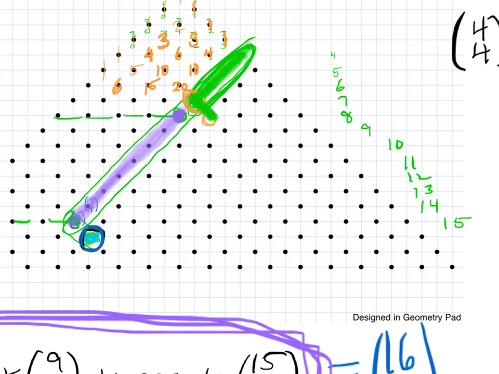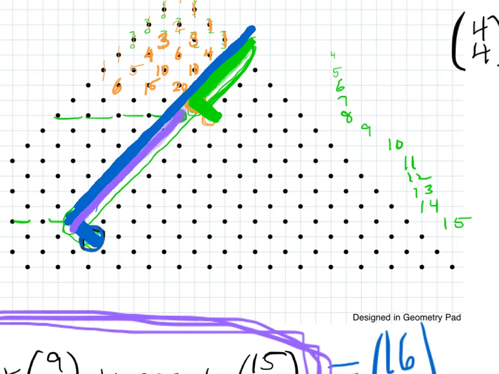There's a hockey stick. Here's a hockey stick. Hockey sticks, right? There are many. When I subtract these two hockey sticks, I'm left with that purple hockey stick.